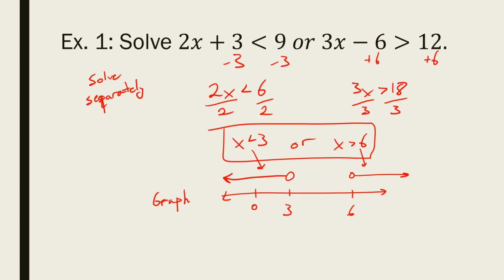So as long as you have a value in this arrow or a value in this arrow, that is a value of x that will work. The only values of x that don't work are like 4, 5, 5.5, things in between 3 and 6. Those are the only ones that don't work. So ORs are easy. Just solve separately, graph on the same number line.